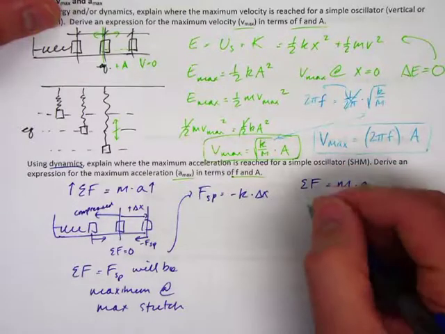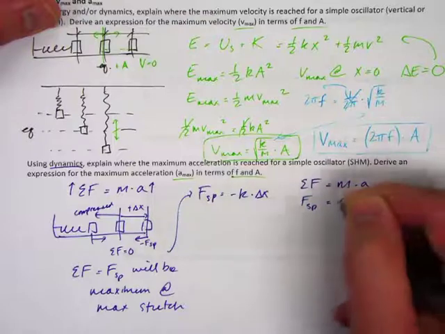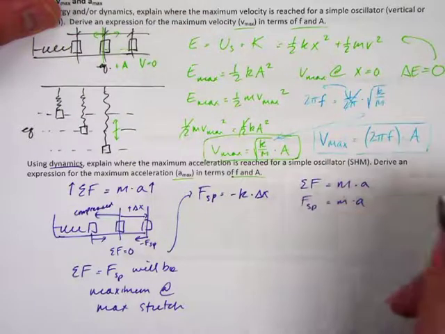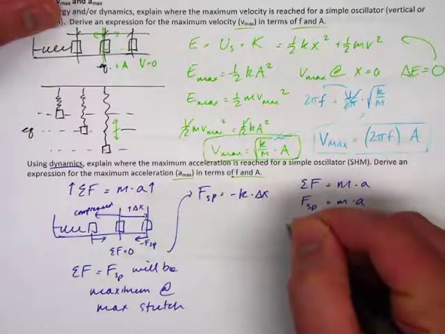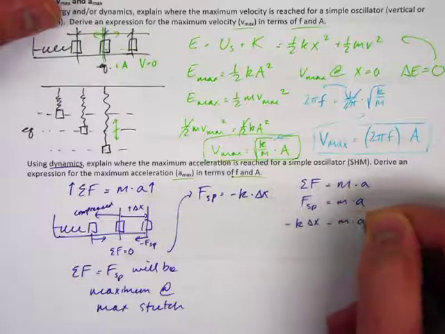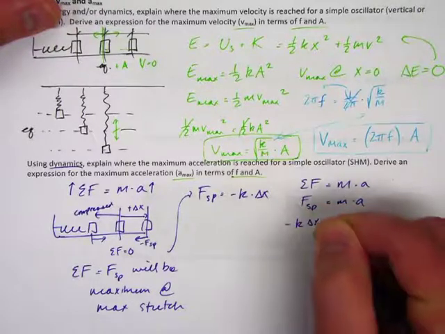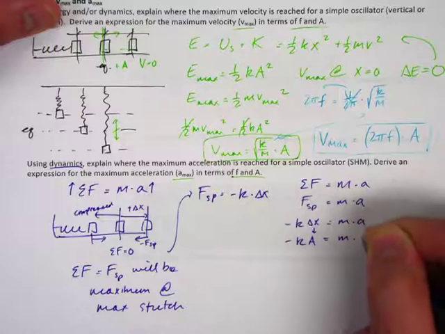Now, the maximum acceleration occurs when Fsp is at its max, so that becomes negative k times delta x, where in this case delta x is A, right? Minus kA equals m times a.